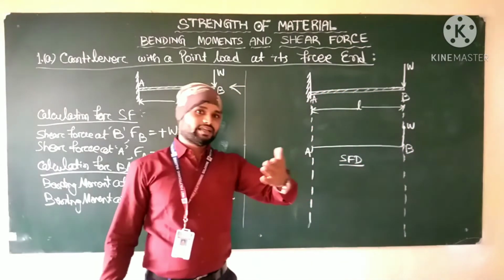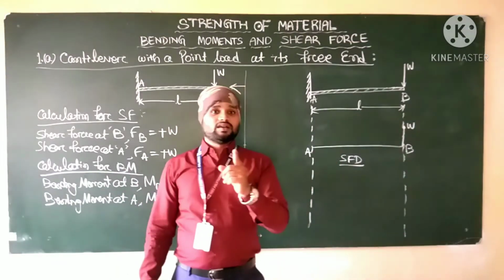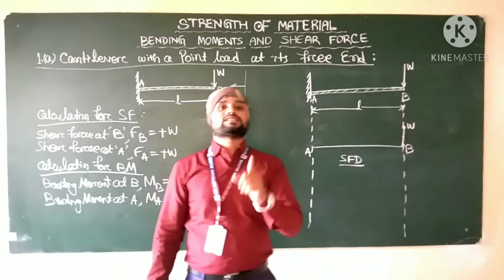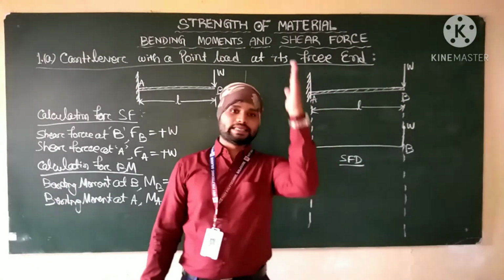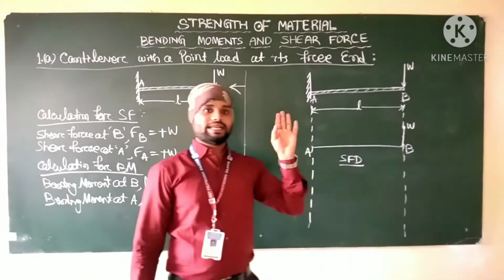We have read the relation between loading, shear force and bending moment. If there is a point load, then the shear force changes vertically, but the bending moment remains same. We have read this in the previous relations.